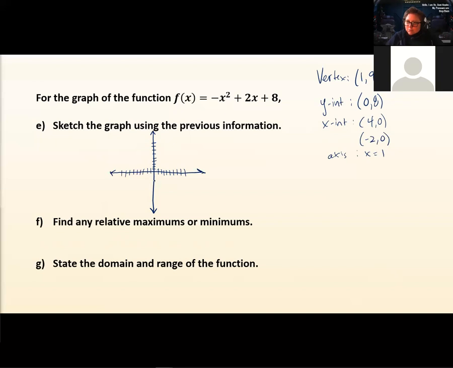Okay, so some of the points we have negative 2, 0, we have 4, 0, we have 0, 8, and we have 1, 9. So it's just a matter of connecting the dots. There you go. It's pretty solid, right? Again, if you're looking to solve all this, you could do all of this in the graphing calculator or on Desmos. I'll show you that in a moment.